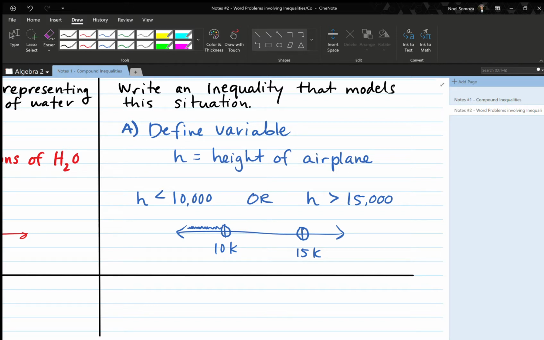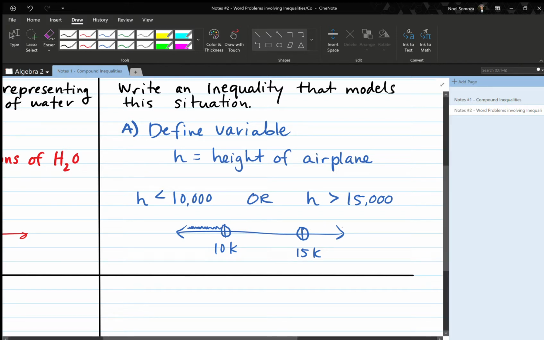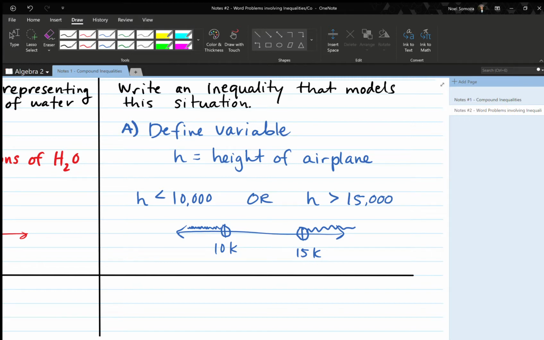If it was 15,000, do you think this is going all the way to infinity? No, I don't know what the limit is for planes, but I'm sure at some point they don't work because you're in like outer space. So let's just say 45,000 feet. I don't know enough about planes. Okay, but that's why I'm not gonna write the interval here. But just in case, let's be smart. You don't want this going all the way to negative infinity. You can't have a plane flying below Earth. Okay. All right.